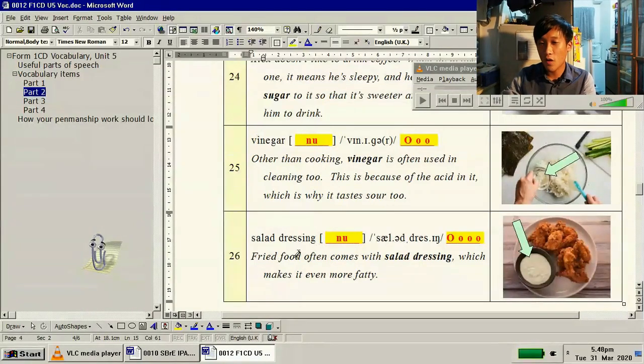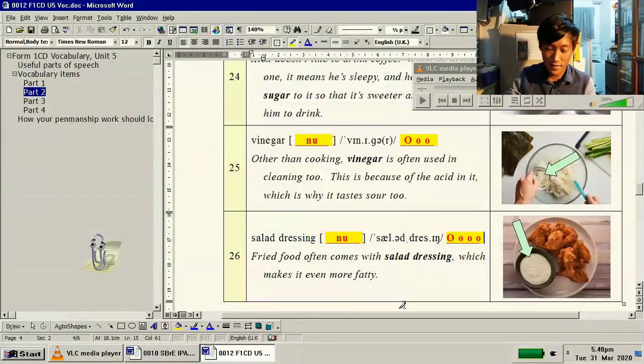Fried food often comes with salad dressing, right? Okay, makes it even more fatty. Salad dressing itself is also very fatty. Okay, but I don't know why they put them together most of the time. So you also use it in salads, of course, salad dressing.